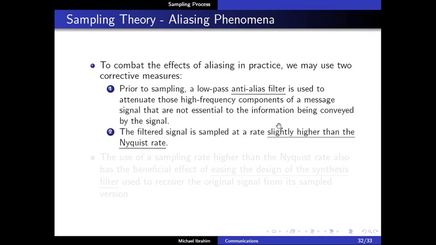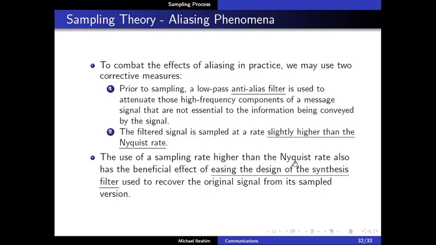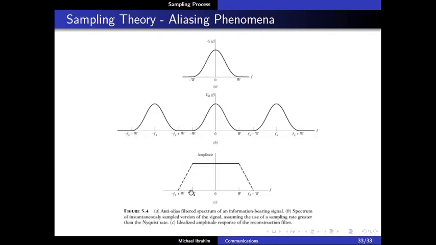Then the filtered signal is sampled at a rate that's slightly higher than the Nyquist rate, which, as we said before for audio signals, means a sampling rate larger than 2 times 20 kilohertz. This larger sampling rate will ease the design of the synthesis filter, as we're going to see later on. How is that?